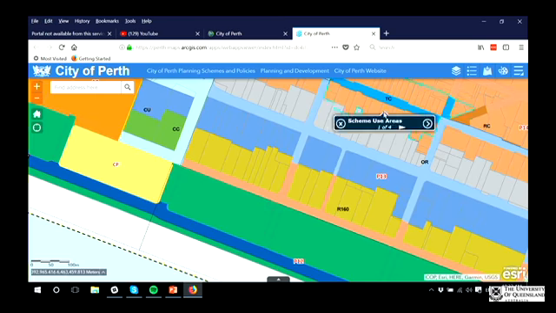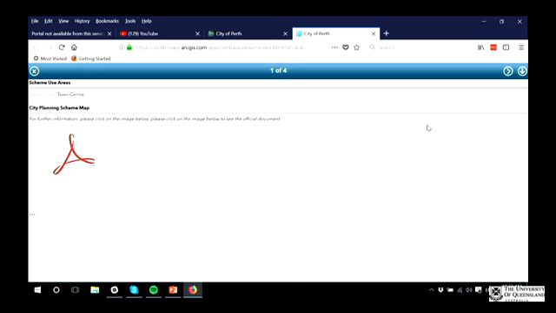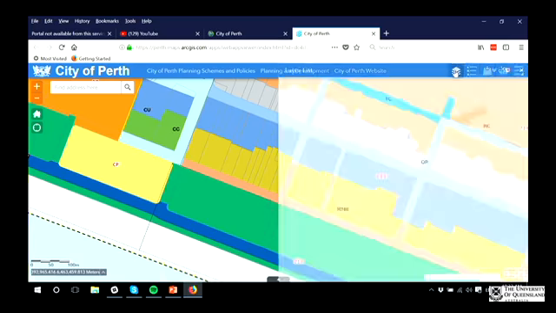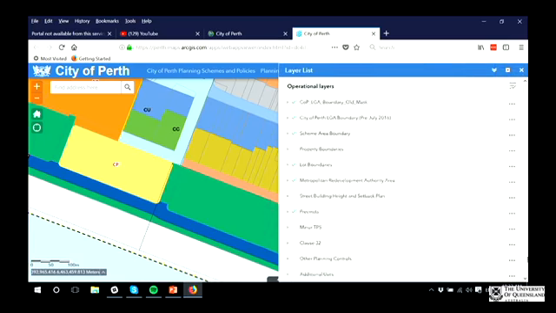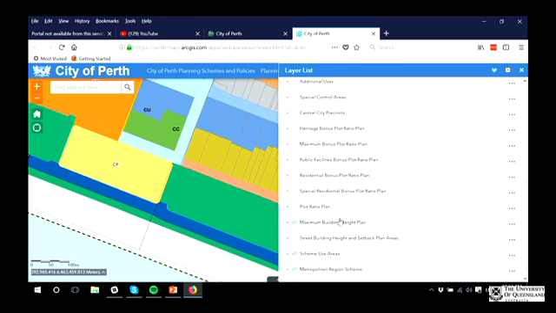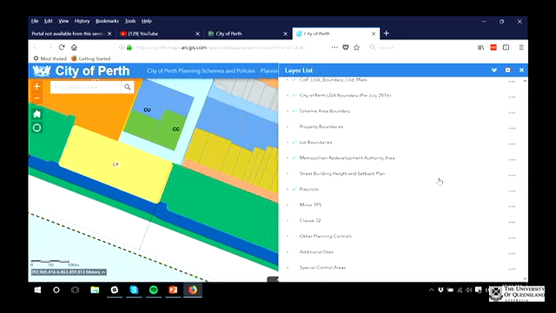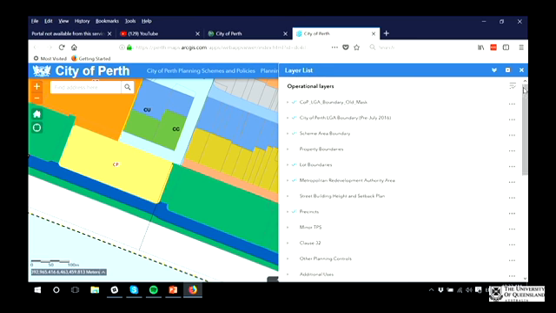Maybe I picked the wrong layer. Anyway, there are some layers in there where you can ask it to provide the maximum building height.